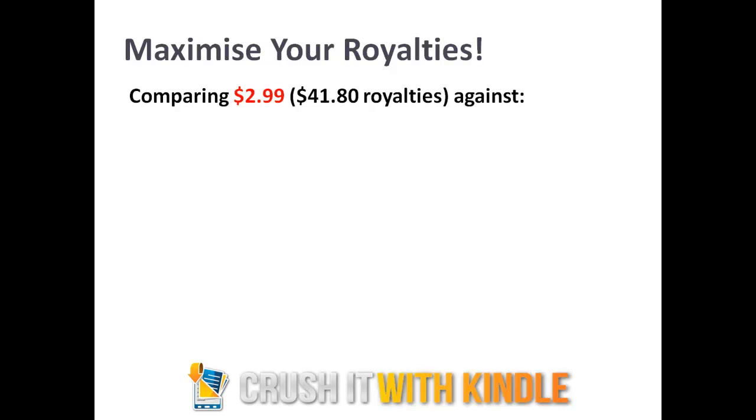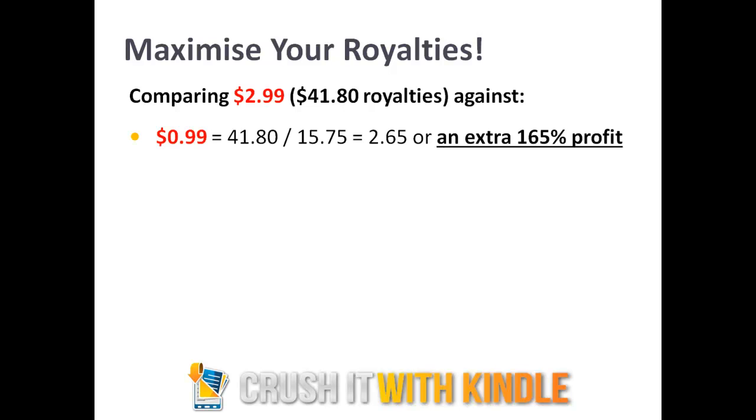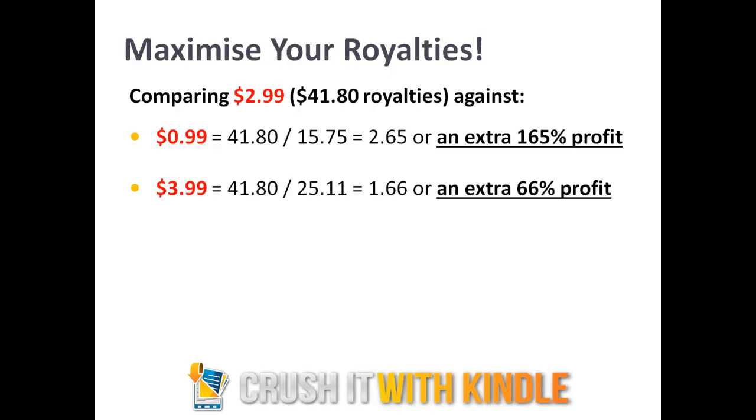Finally, I want to take a quick look at why this is so important in terms of maximizing your royalties. So, comparing our $2.99 sweet spot where we're making $41.80 in royalties against the 99-cent price point, we can see that we're making an extra 165% profit. Less of a difference at $3.99, but it's still an extra 66% profit.